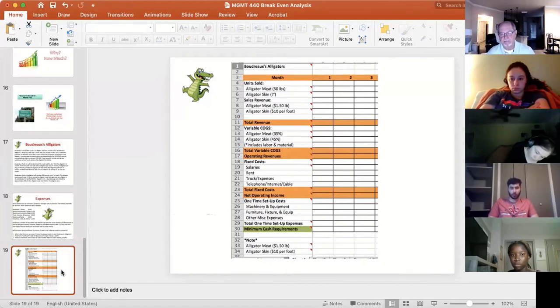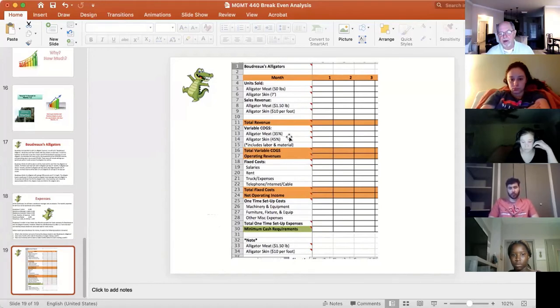All right. Now, I've done this before, so these are different numbers. But we'd say meat sold, skins. Now, this is 6 feet and 30 pounds rather than 7, but I'm going to pull up a live spreadsheet in just a second, and we'll work through it.